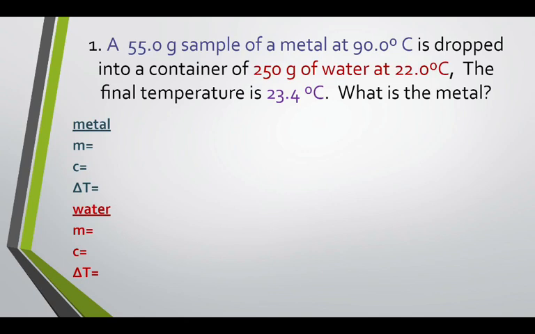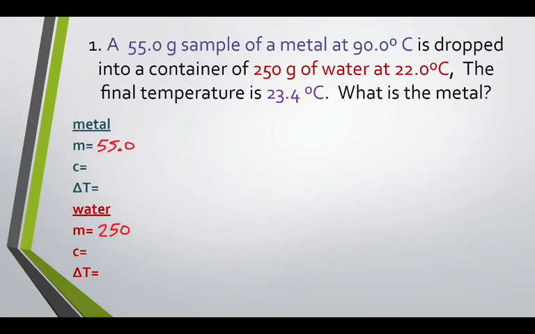This says that we have a 55 gram sample of metal, so that means the mass of metal was 55 grams, and it's starting at 90 degrees Celsius, and it's dropped into a container with 250 grams of water that was originally at 22 degrees Celsius.